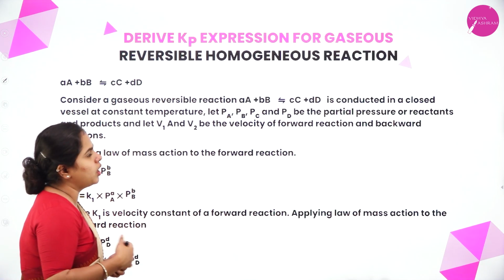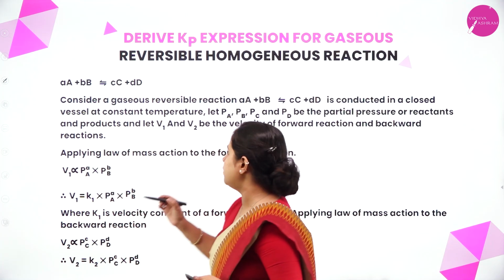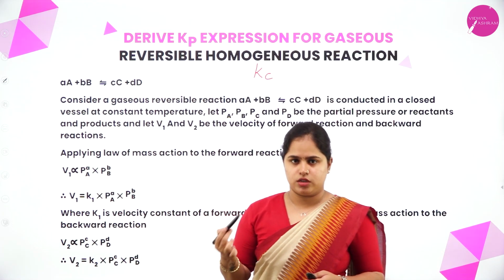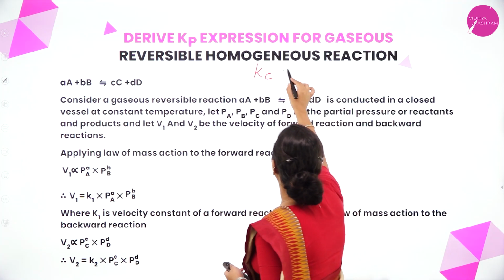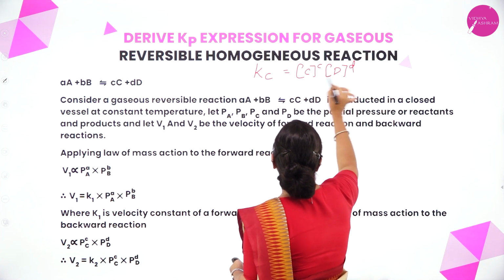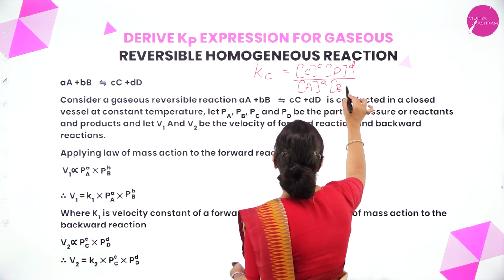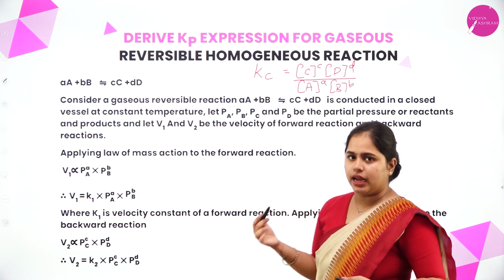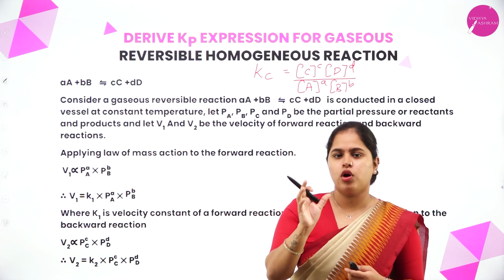Now, let's understand how to derive an equation for Kp. That means Kc, why we were using Kc? We were defining equilibrium constant in terms of concentration, right? How do you write it? Kc will be equal to [C] to the power c into [D] to the power d divided by [A] to the power a into [B] to the power b, where C and D were the products and A and B were the reactants, and it is mentioned in the brackets to show that it's their molar concentration.